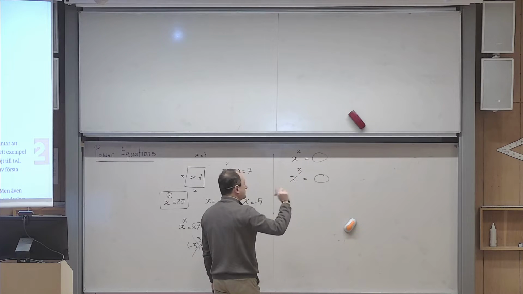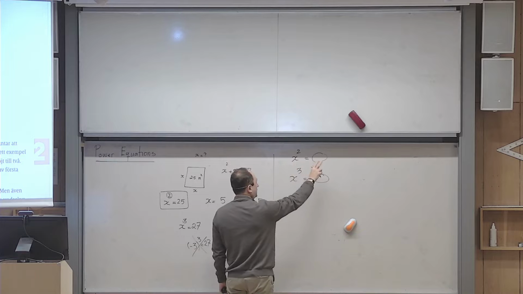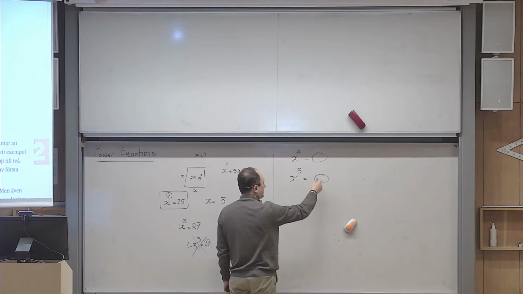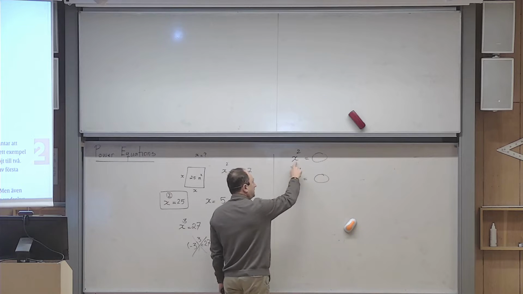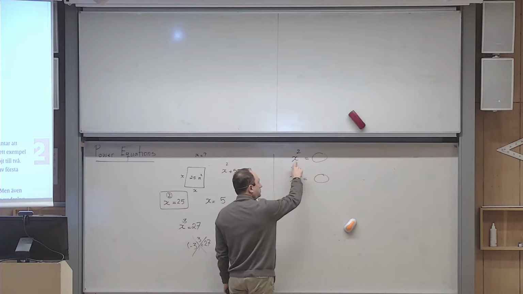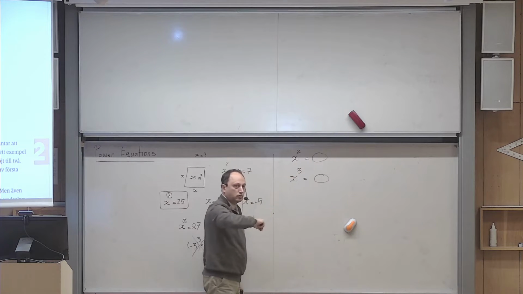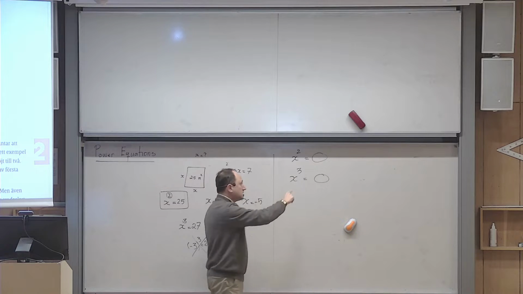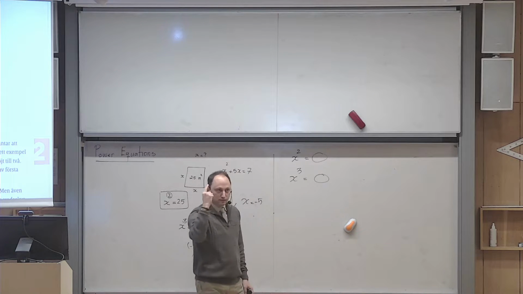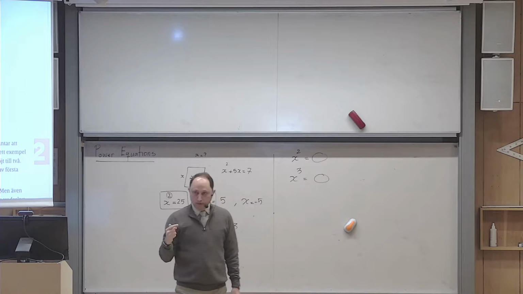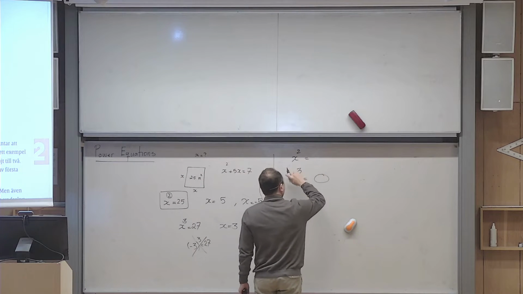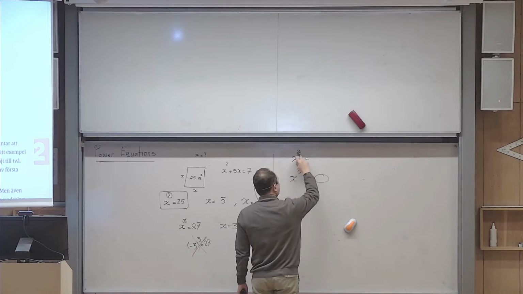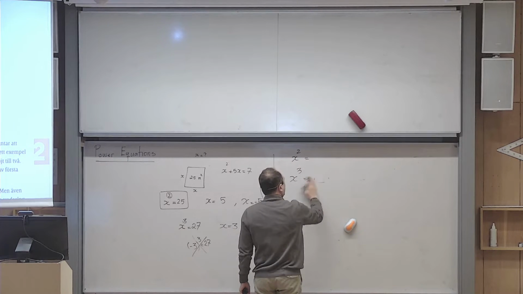The first difference we realized is that for this one I get two answers, for this one I get one answer. But there is another difference. In this case, sometimes I do not get any answers at all. But in this case, I always get one answer. And that is the big difference. So if I ask you, what is the number so that raised to power 2 it is equal to minus 16?